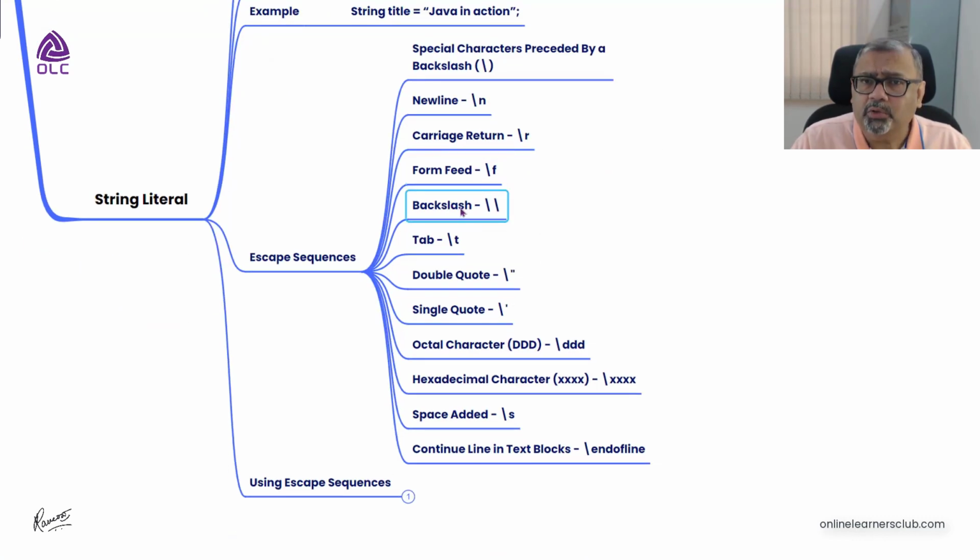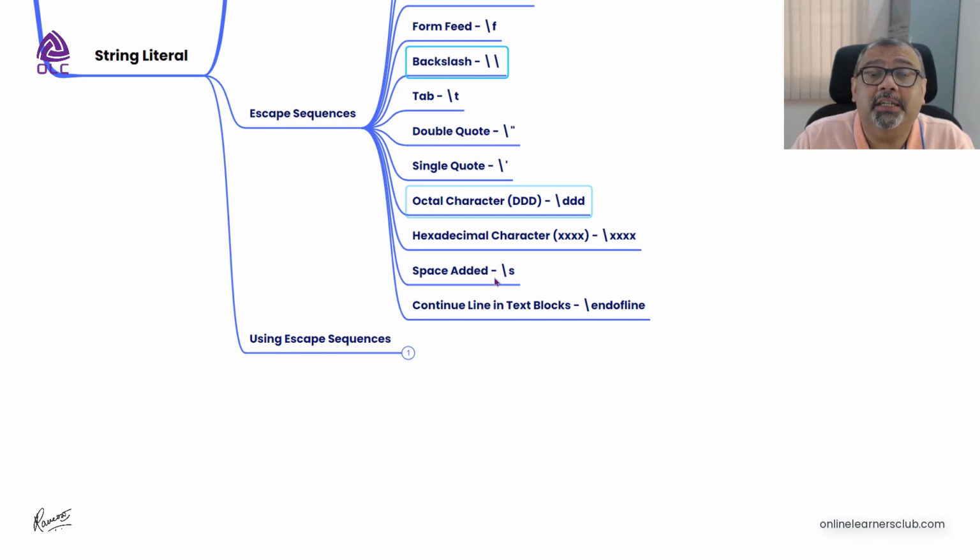Whenever you want to represent the backslash itself, how do you do it? Because a backslash followed by any other character might be misinterpreted as an escape sequence by the compiler. So we use a double backslash, which indicates that you are actually representing the backslash in a string literal. Then we have tab, backslash t.